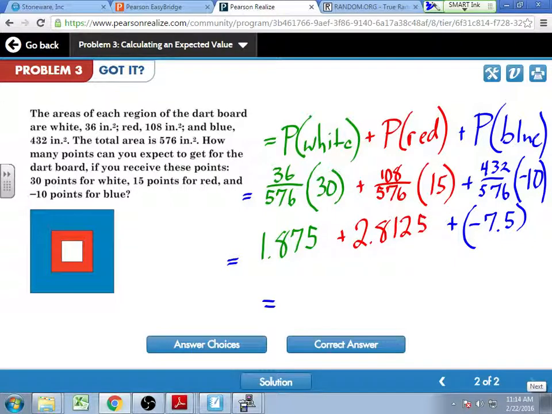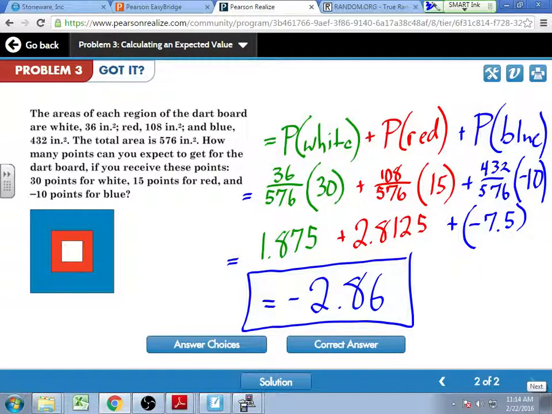Any random dart would carry a value of. Did you say negative 3.86? 2.86? Approximately negative 2.86. So every dart is likely to lose over 2.5 points.